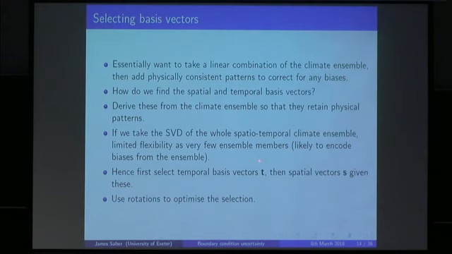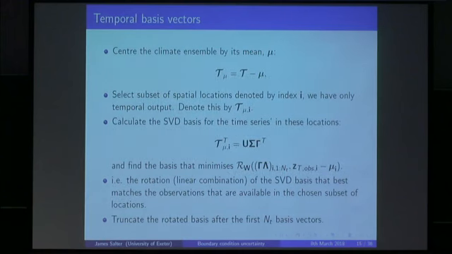So we're going to take a sequential approach: we first select some temporal basis vectors, and then, given these, we try to explain the remaining variability with some spatial vectors. And as always, we'll use rotations to optimize it.